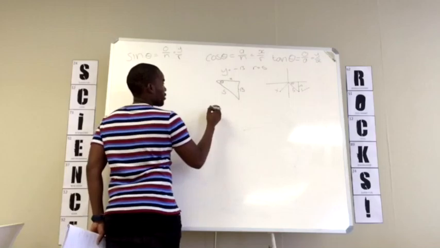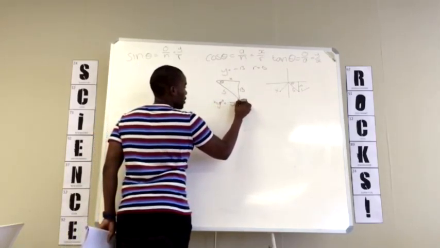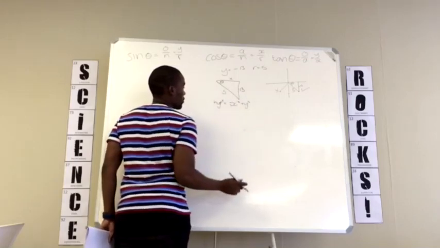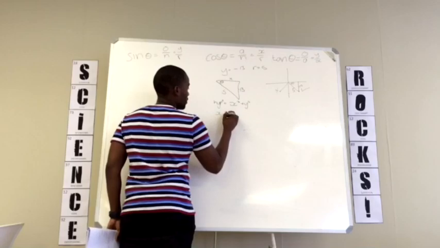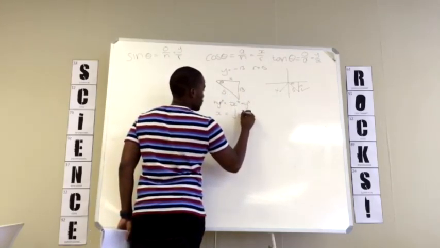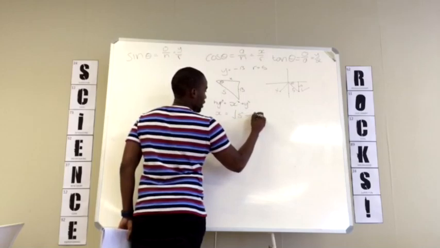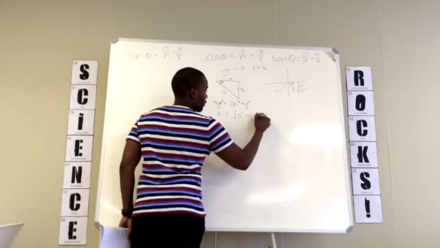By Pythagoras, my hypotenuse squared is equal to x squared plus y squared. So therefore, x will simply be the square root of my hypotenuse squared minus y squared. So I have 5 squared minus a negative 13 squared.